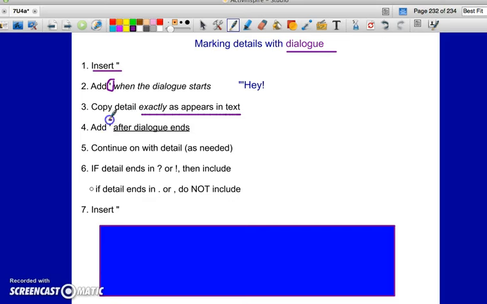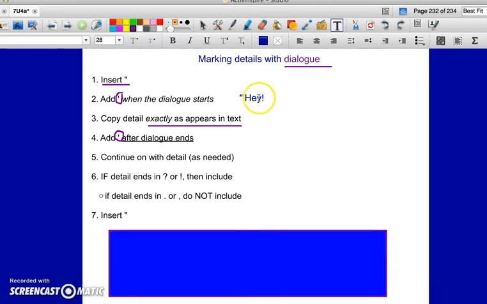So I'm going to add another single quotation, or an apostrophe, when the dialogue is done. So let's say, going back to my example, it says, hey, like, what's up, dude, is the whole dialogue. It says question mark, then the dialogue is done. My quote might continue on, and it might say like, asked Joey.